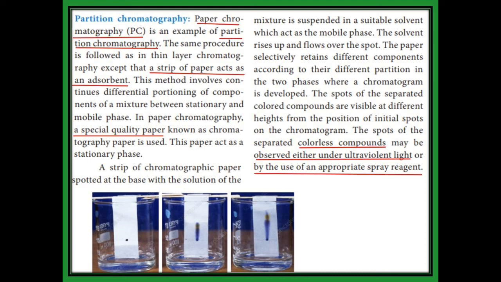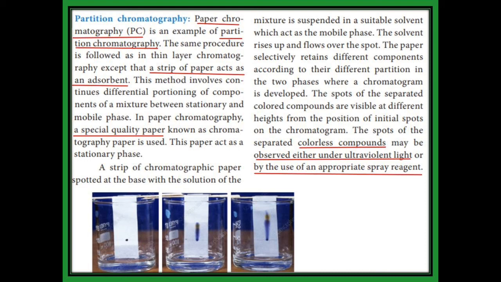Because of capillary action, the solvent moves through the paper slowly. When it reaches the mixture, the components also move with the solvent, so that slowly the mixture is separated. You see that in the third picture, whatever components are present in the mixture are separated.